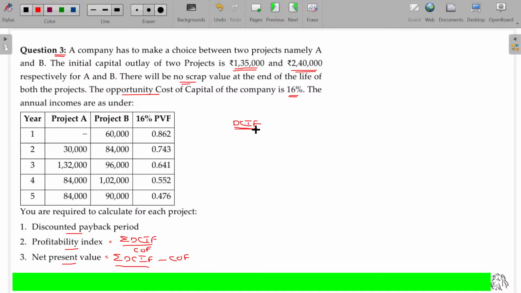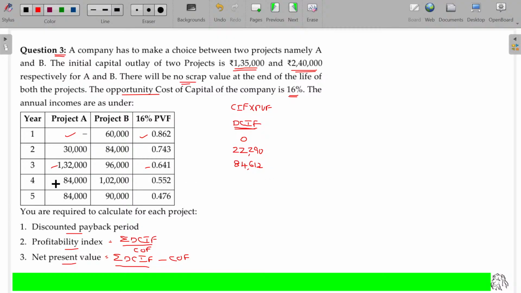For project A, discounted cash inflow is nothing but cash inflow multiplied by the PV factor. Year 1 is 0. Second year, 30,000 into 0.743, the answer being 22,290. Then 1,32,000 into 0.641, the answer being 84,612.